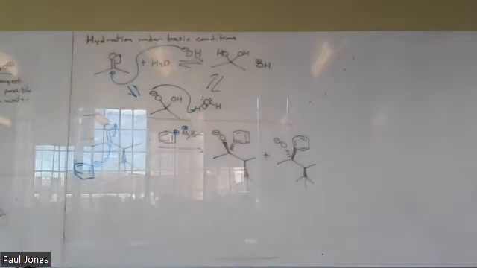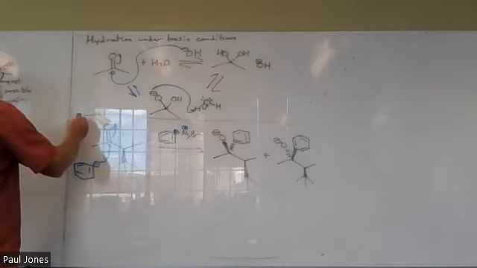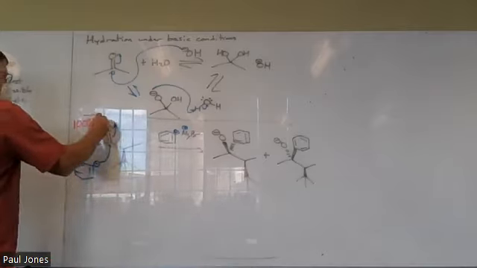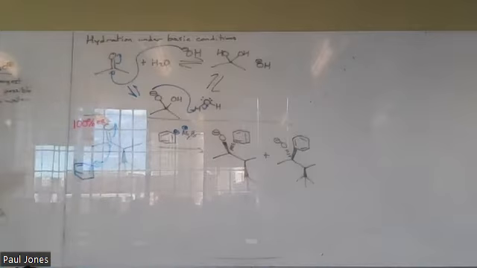I had this conversation with a few of you in office hours, so it's a necessary diversion probably. Let's say this starts at 100% EE. EE is enantiomeric excess, if you don't remember from Orgo 1. It's how much in excess one enantiomer is over the other.